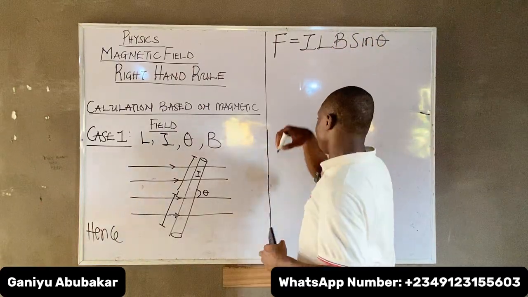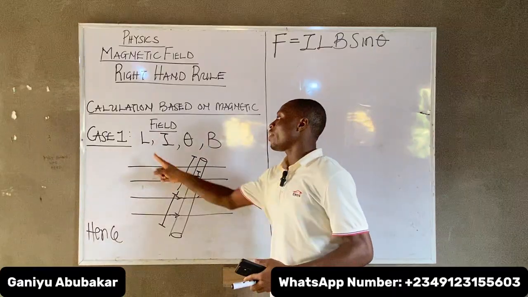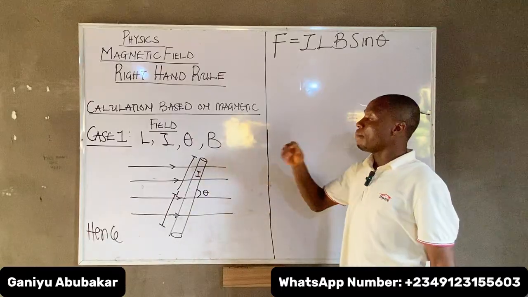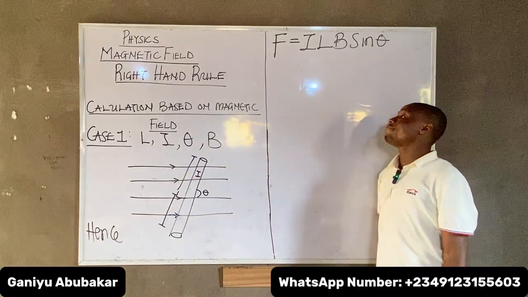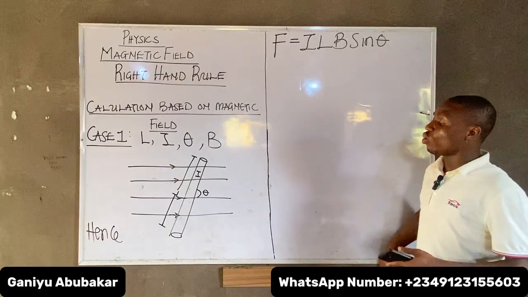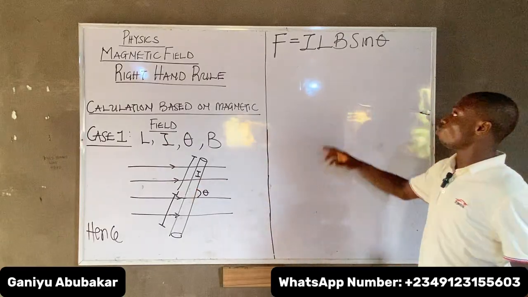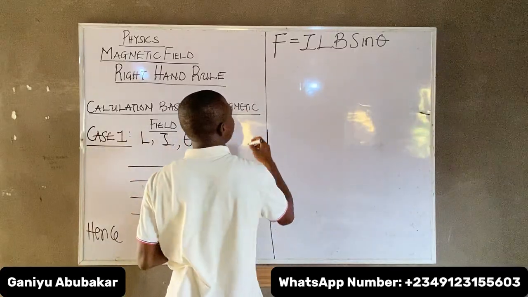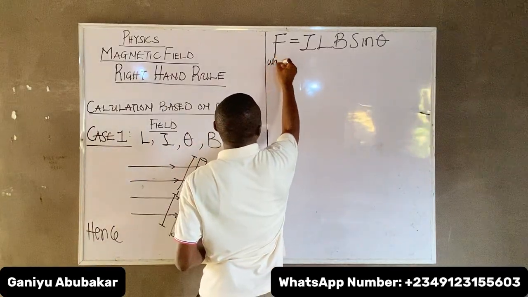In a case where you have your length, your current, your theta, and your magnetic field, the force on the conductor F will be equal to ILB sine theta.